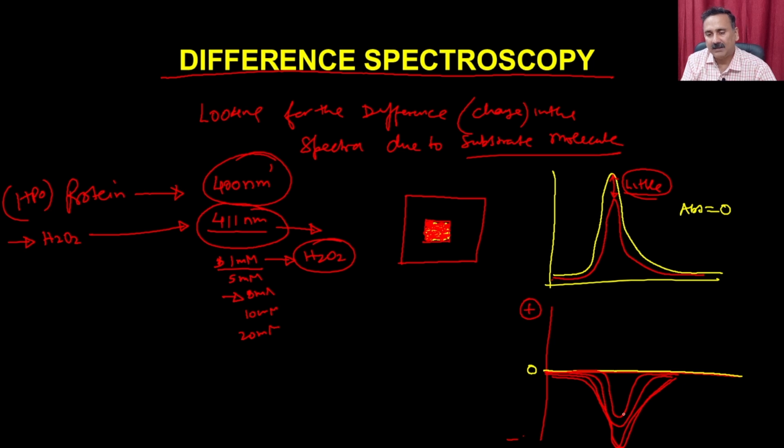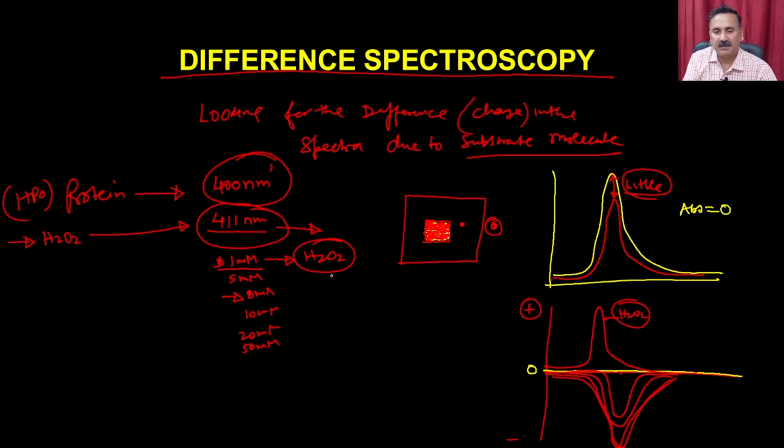And that is very interesting, because once you go beyond this, for example if you add 50 millimolar, it will show you a separate molecule. In that case you will see the absorbance of the hydrogen peroxide. So this is the hydrogen peroxide molecules' absorbance, whereas this is the subtraction of absorbance because of the hydrogen peroxide binding to the enzyme.